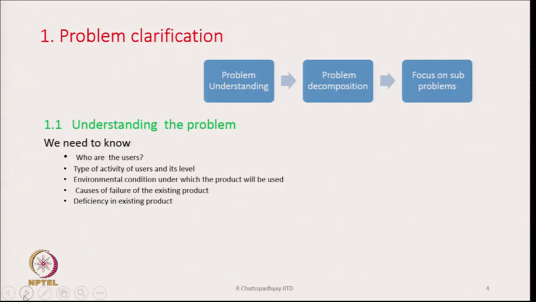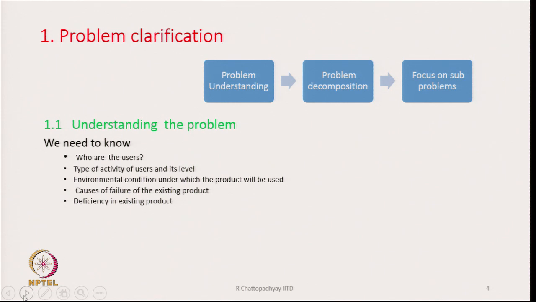So, all these aspects about the users we need to know. Then comes the type of activity of those users. So, which sort of activities they are involved in, that needs to be known, as well as, as I said, environmental condition, that is the working conditions under which the product is going to be used.